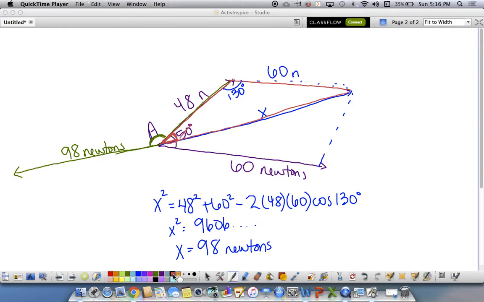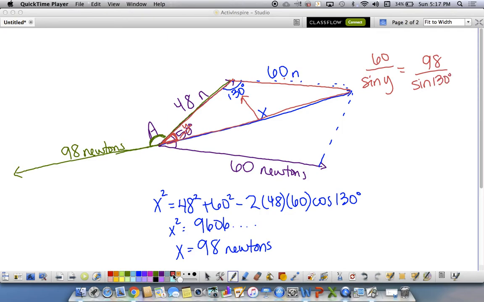Can I use what I know about triangles here to find this angle? It's not 50 degrees. So I have 60 across from, we're going to put a y here. 60 over sine y will equal, oh, I can use 98, because I don't have that opposite, but I do have 98 opposite 130. There we go, over sine 130.